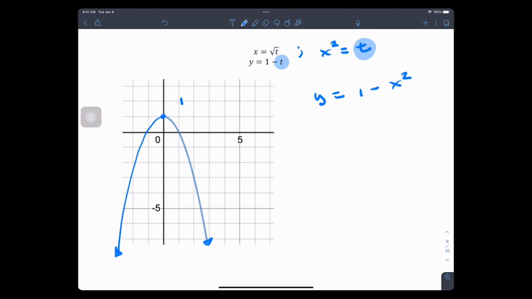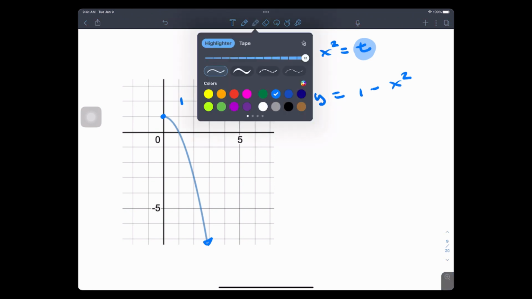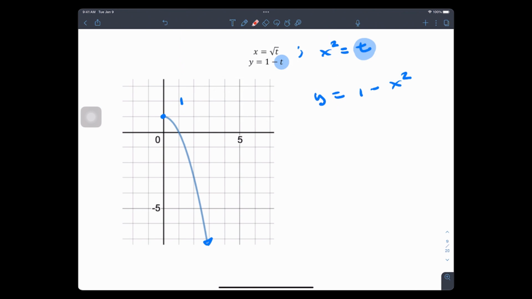But you might say, but Mr. Judge, you only have half the parabola. Why? Why, parametrically, is this only half of the parabola? Because they didn't tell you what t is, did they? But what does t need to be?